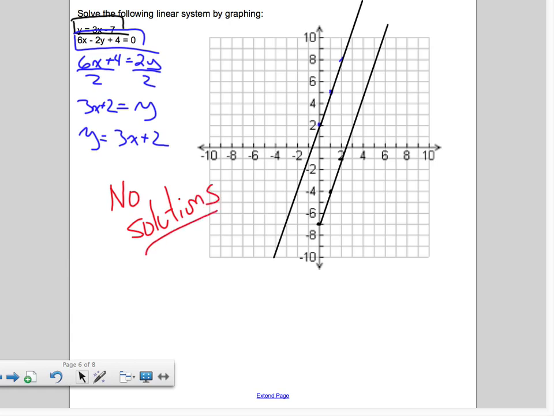So this linear system has no solutions. Okay, questions on that? Parallel lines don't intersect, so we don't have an answer. That's in a nutshell.